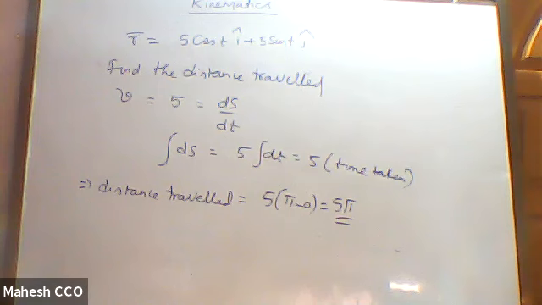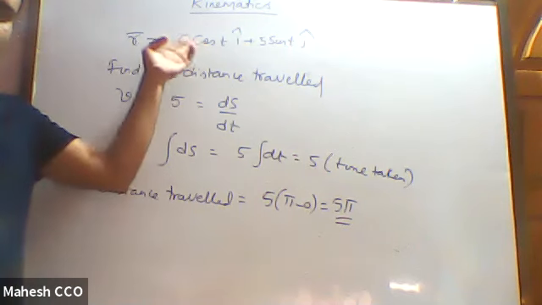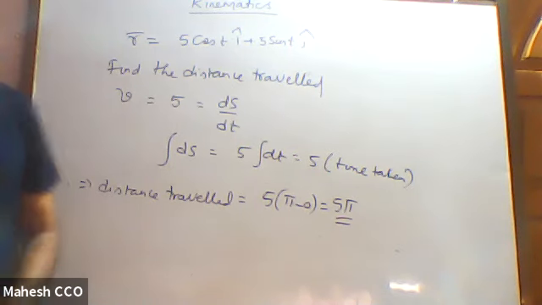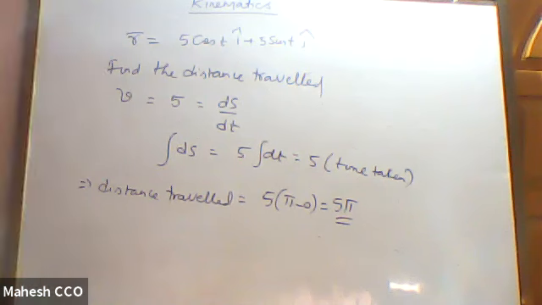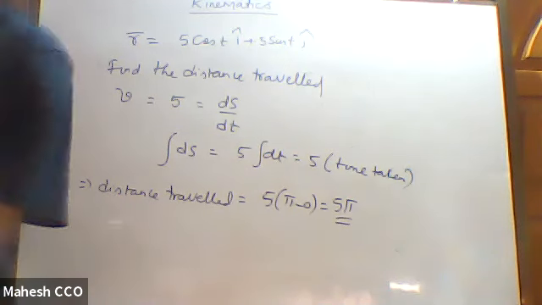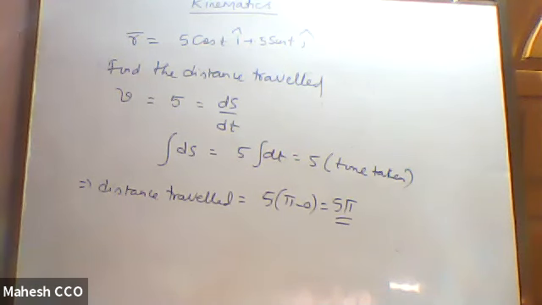So the point is, we can recognize that such a position vector is possible only in a circle, and it is going from one end of the diameter to the other end of the diameter. In doing so, the distance traveled will be pi into r, where r is 5 here. That's why it has come out to be 5 pi.